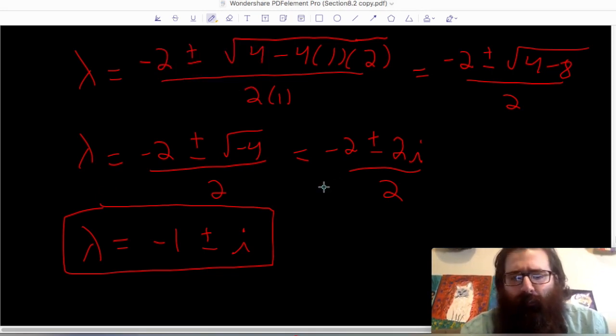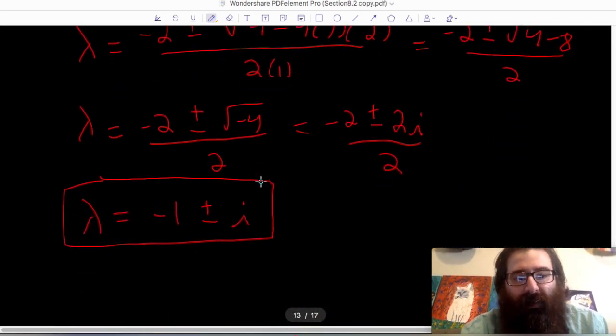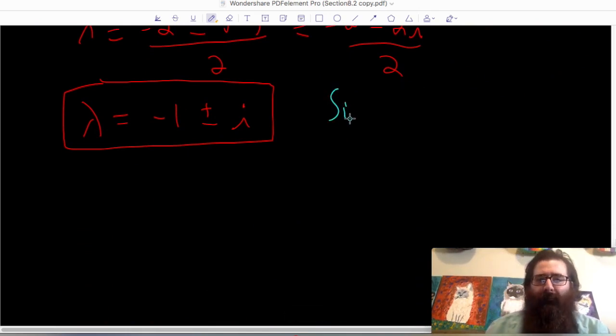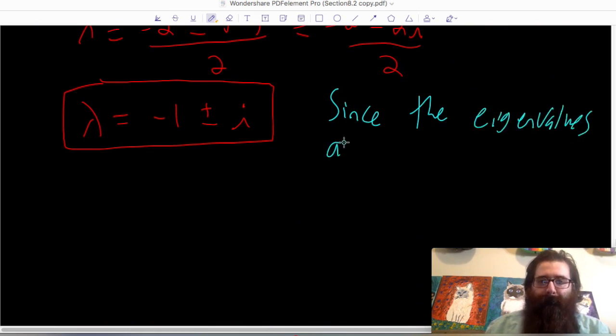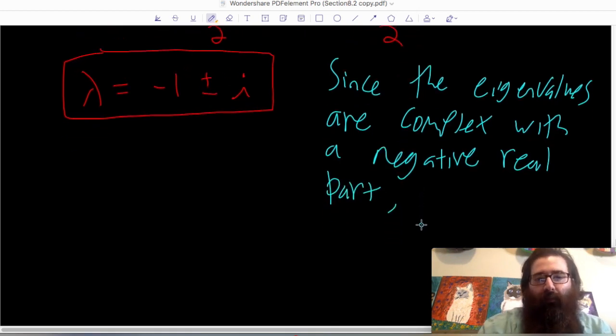What are we thinking about that critical point? That was the critical point at 1, 1 that we found. We have our eigenvalues now. So we'd say since the eigenvalues are complex with a negative real part, what does this mean?